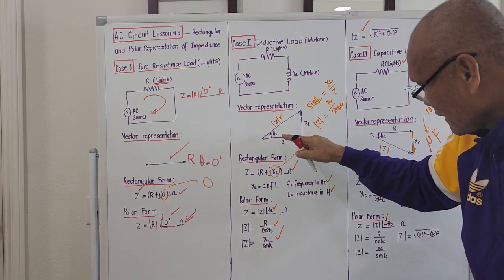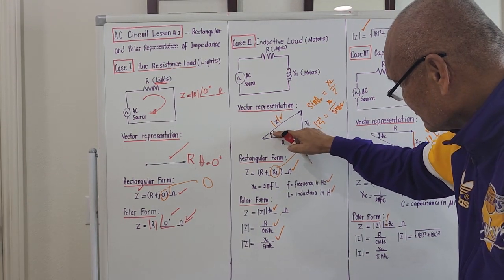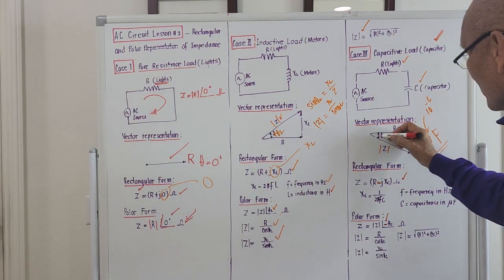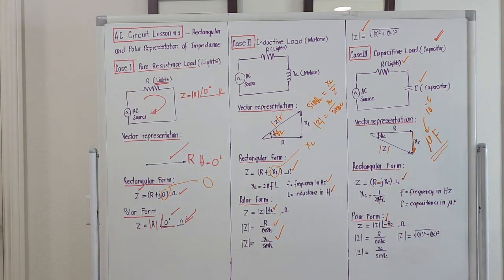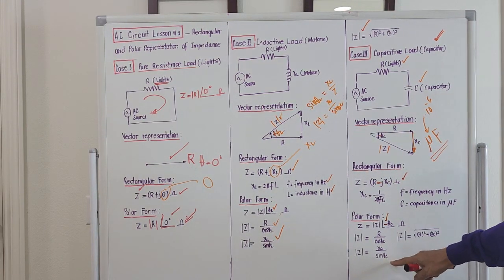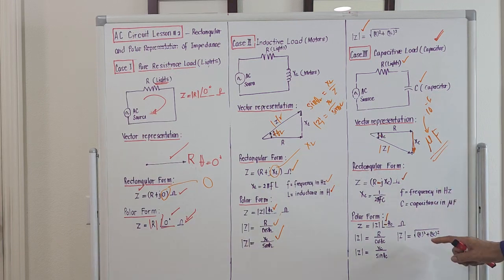This is plus theta L and this is minus theta C. In the computation of the absolute value of the impedance, it's the same as here. It will be R over cosine of theta C, or X of C over sine of theta C, or the last one, the square root of R squared plus X of C squared.